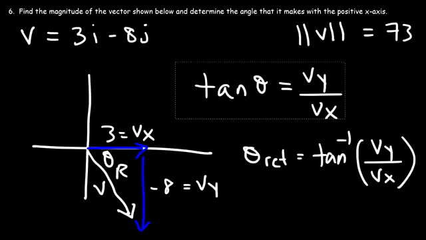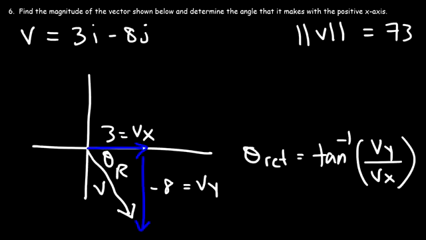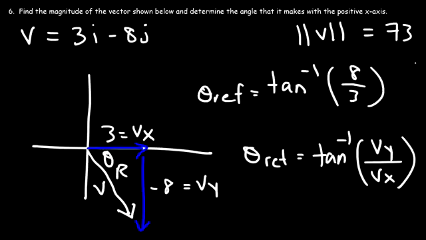Now when looking for the reference angle, even though Vy is negative, I recommend using the positive value, or the absolute value, of Vy. It's going to make your life a lot easier. So we're going to take the arctangent of 8 and divide it by 3.